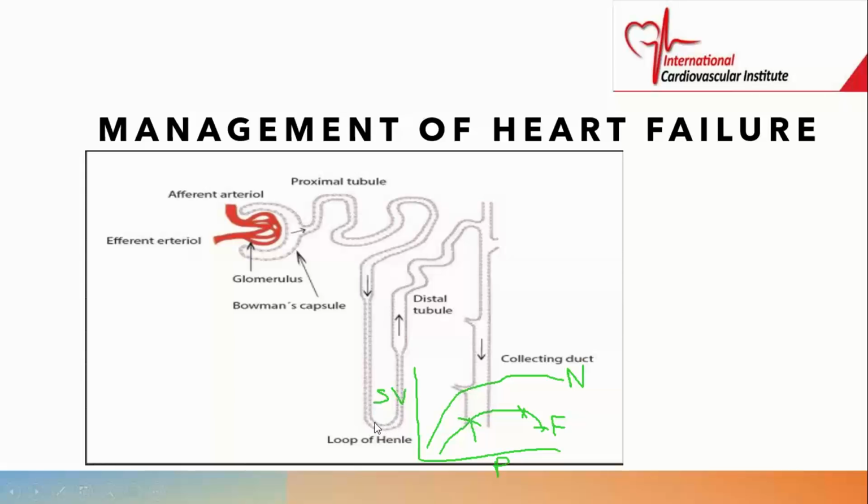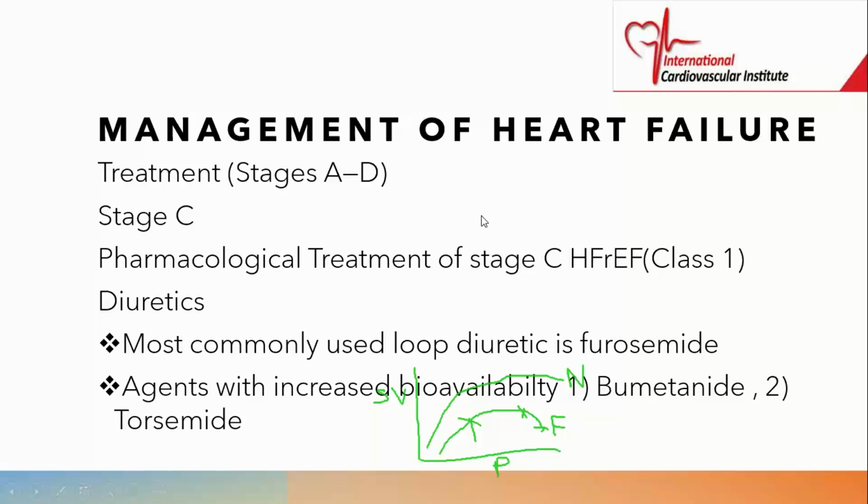This is where the loop diuretics work to inhibit the reabsorption of sodium. So this is the descending limb of the loop of Henle, and this is the ascending limb, okay? And then you have your distal tubules and the collecting tubules. So the loop diuretics act right here, and the other diuretics act in the distal tubule, okay?